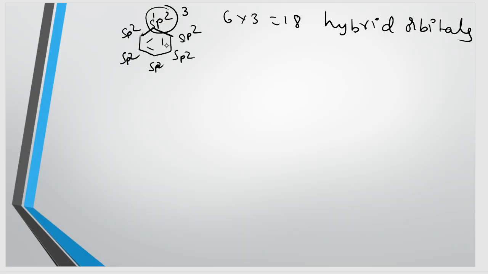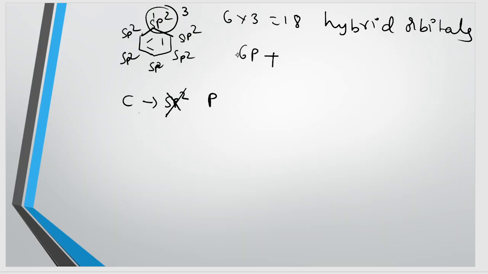Now I want to calculate the unhybridized orbitals. After a carbon undergoes sp2 hybridization, one p orbital is left. As there are 6 carbon atoms, 6 such p orbitals are unhybridized.